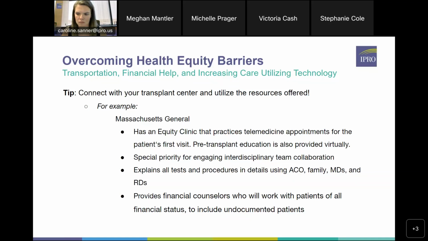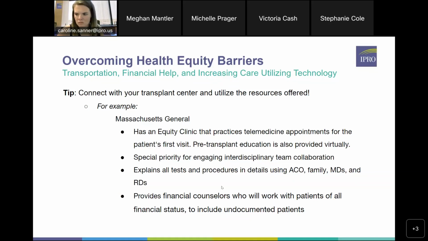Mass General now is operating an equity clinic, which they do a kind of funny thing with KT over V. It's like EQTOV, equity. It's kind of adorable. That practices telehealth with the patients, so that maybe they're living in Springfield, Worcester, Rutland, but they can do telehealth to Boston so that they don't have to drive there.